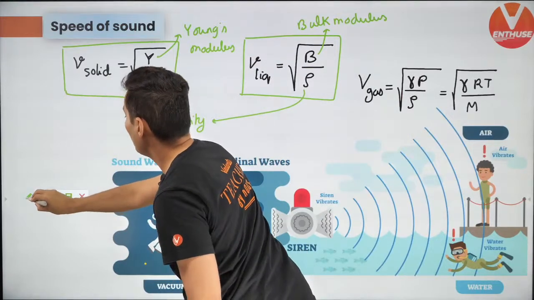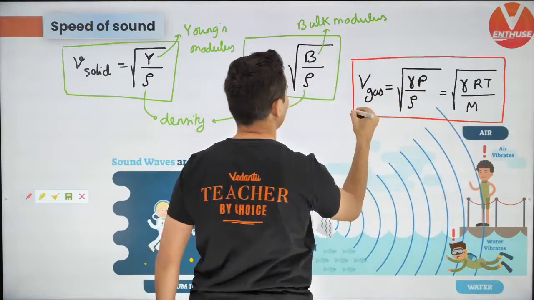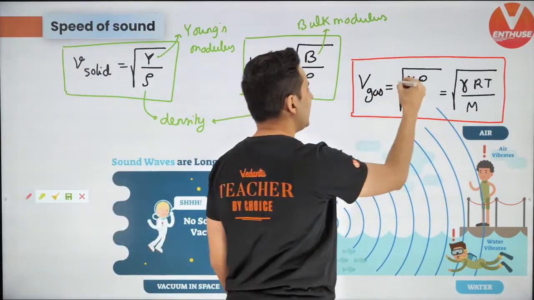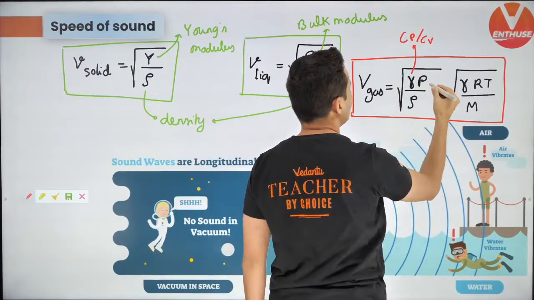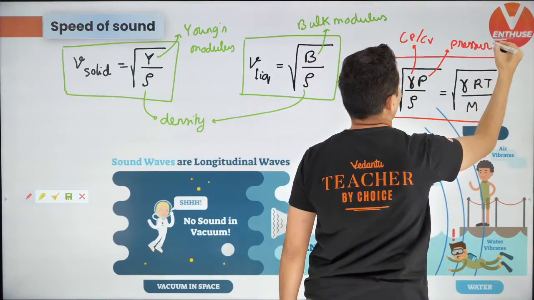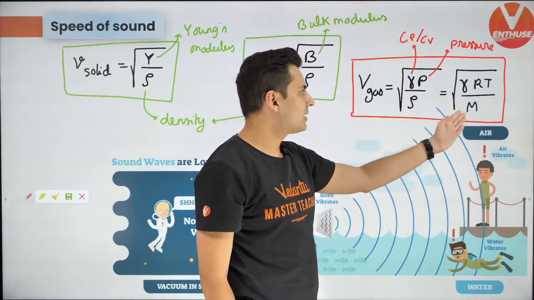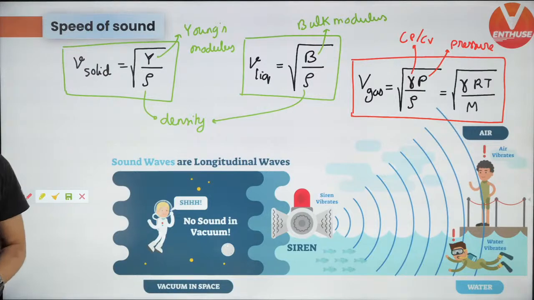This is also a very important formula. Remember, gamma is the ratio of Cp by Cv. P is pressure, obviously, T is temperature, R is your gas constant, M is your molecular weight. Whichever formula you feel like using.